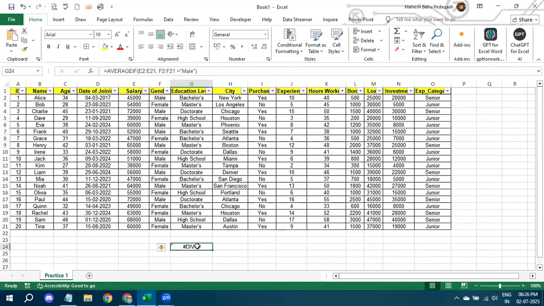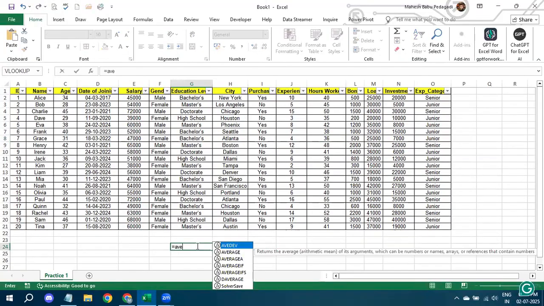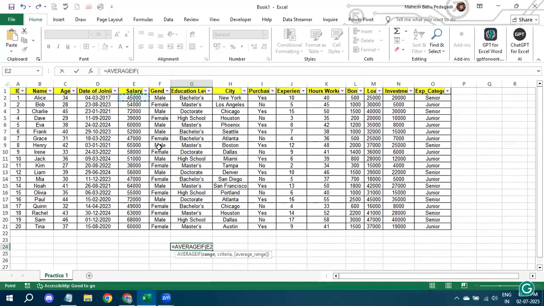Average if, the range is completely, let me select the complete range where it is male. Still I'm getting the error. Why am I getting the error? There is a value gender and age, right? Sir, I think we need to use average ifs. Maybe that's why it's not working. You're using the other function, average if.